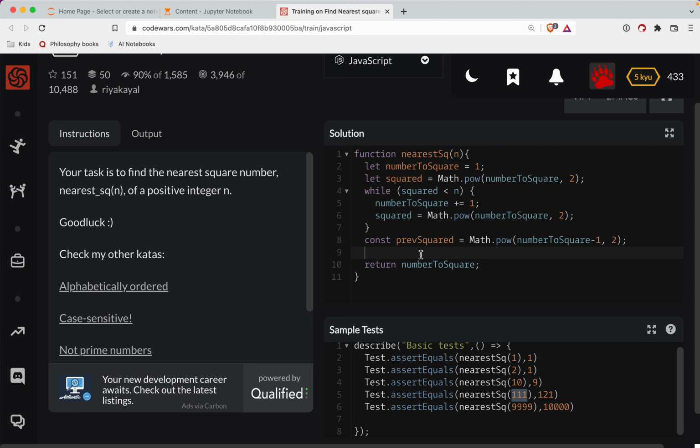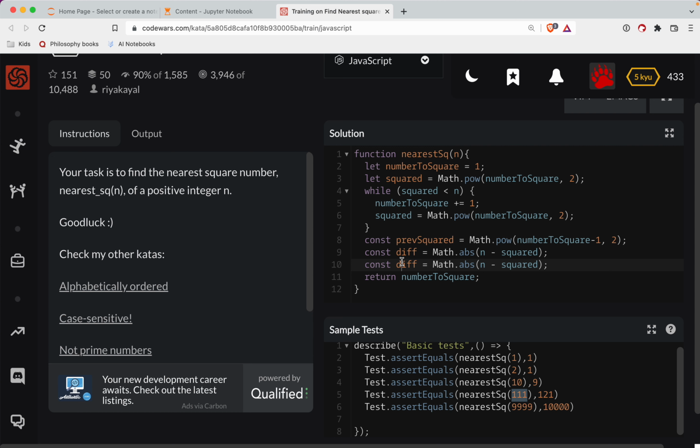Okay, so we'll say const difference is equal to Math.abs in minus squared, where in is the parameter we've been caring about this whole time.